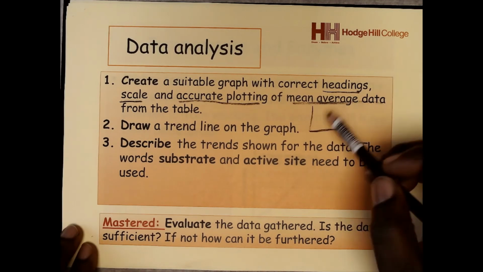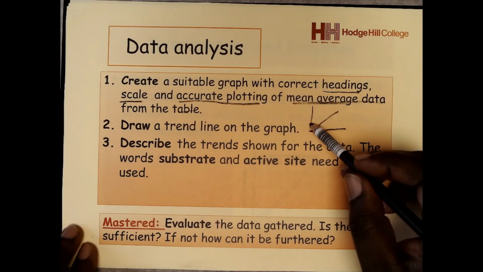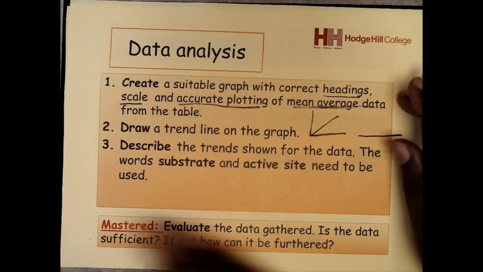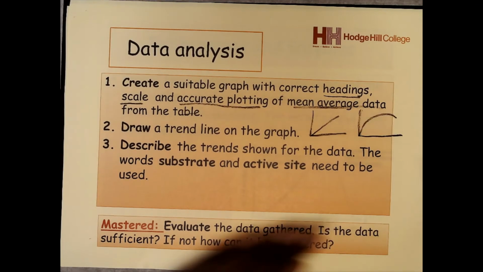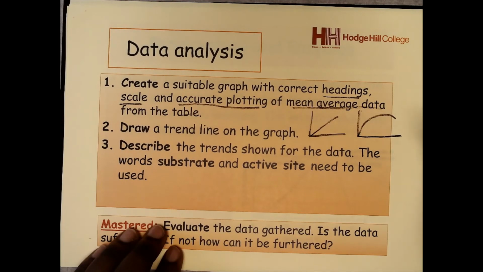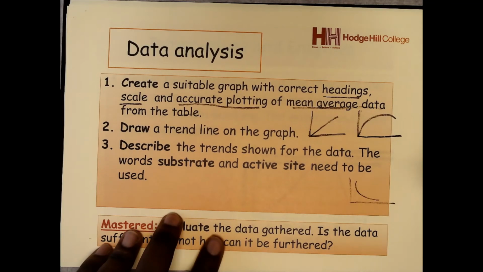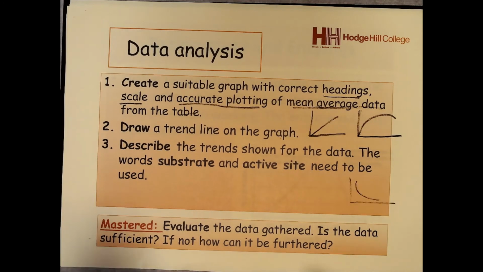Sometimes you'll have straight lines that go through the origin. Sometimes you have lines that are curved, and sometimes you have lines that curve the other way. So the key thing is to know that trend lines vary based on the pattern of your results.